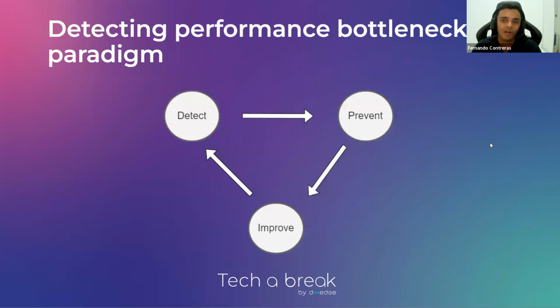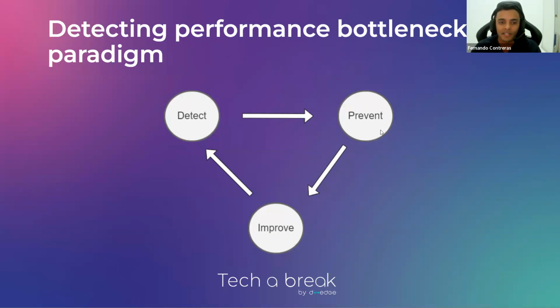Today we will talk about detecting performance bottlenecks. And I want to present to you one paradigm that you can use to investigate and drive this research, which starts with the first step of performing detection. When you start actually investigating your performance issues, you focus on detecting what you need to fix at the first iteration of your research.